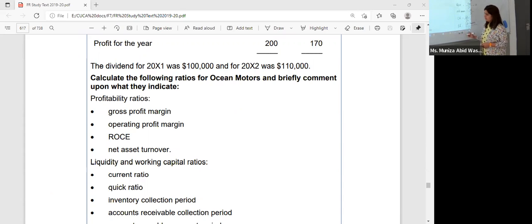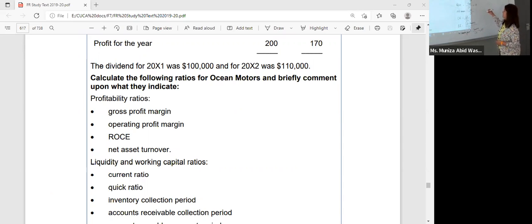Sorry, inventory turnover period. By mistake, they have written it as inventory collection period. Inventory turnover period is equal to average inventory divided by cost of sales multiplied by 365.